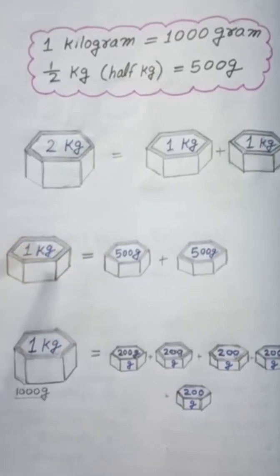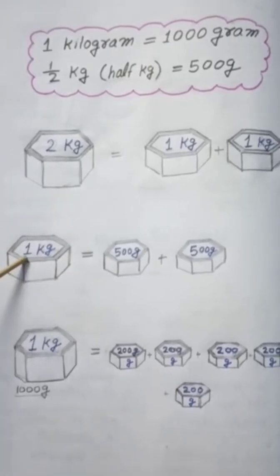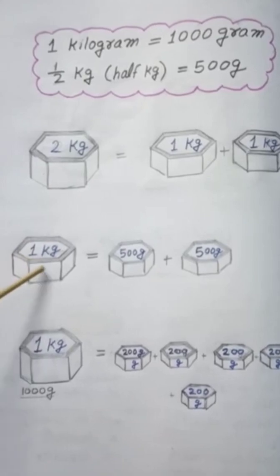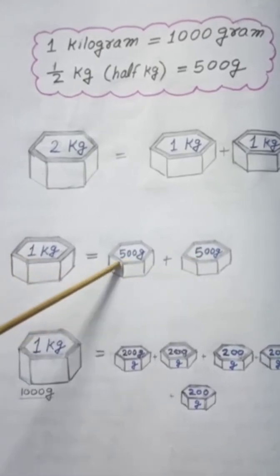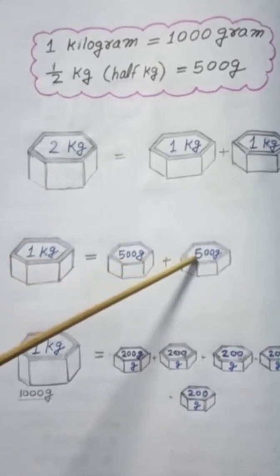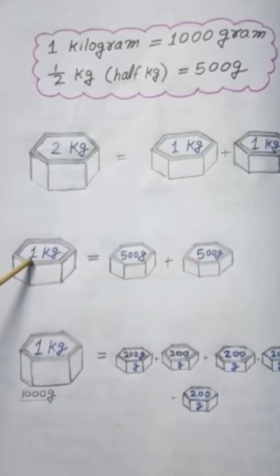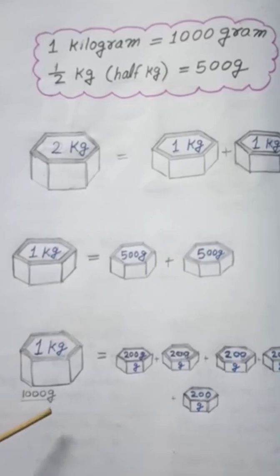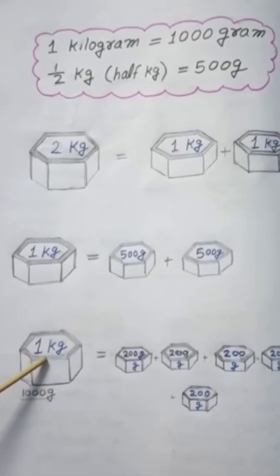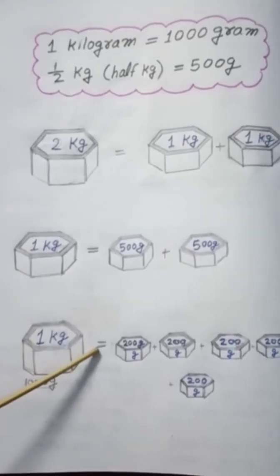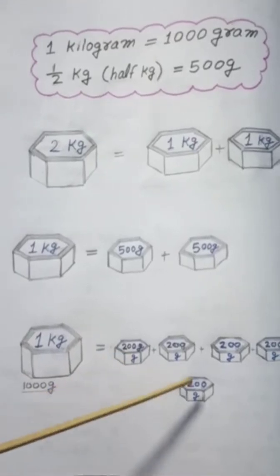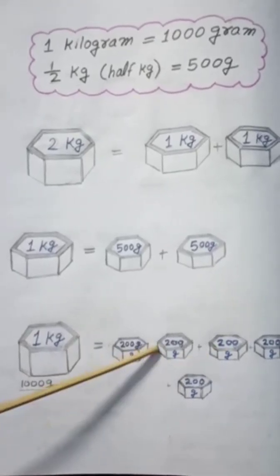Because 1 kg is equal to 1000 gram. So when we add both numbers, 500 gram and 500 gram makes 1000 gram, and that is 1 kg, right?